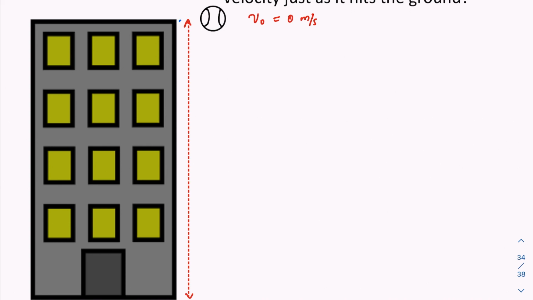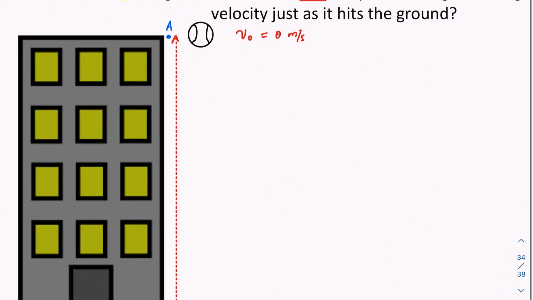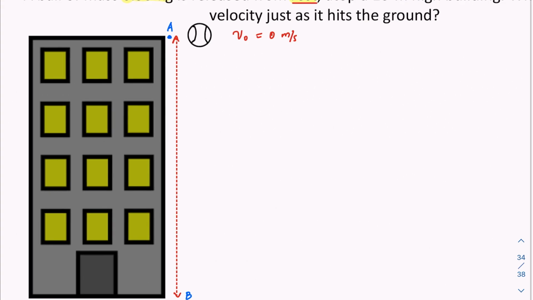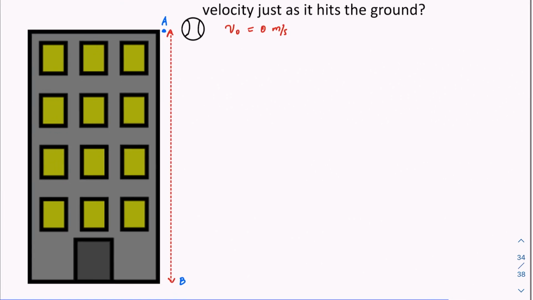In this case, I will name my initial position as point A and the ground as point B. In the conservation of mechanical energy, the sum of all the energies at point A is undiminished, or still the same, when you take into consideration all the energy at point B.